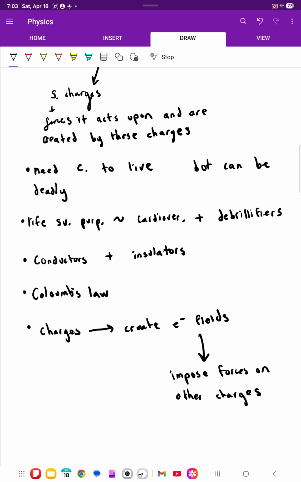Next, we will discuss how charges set up fields.